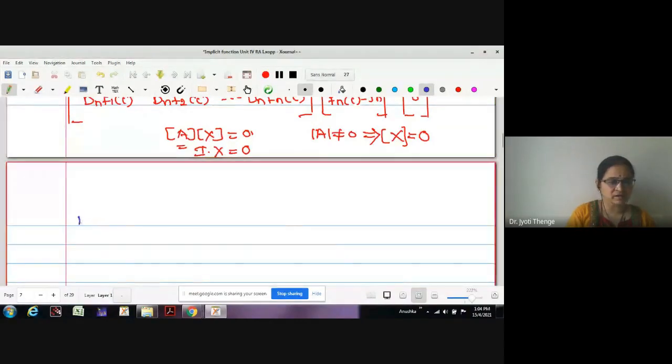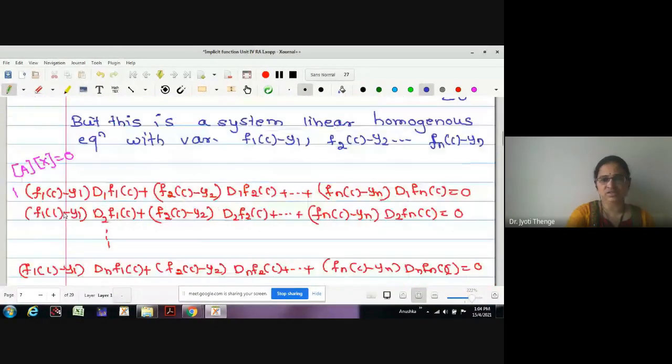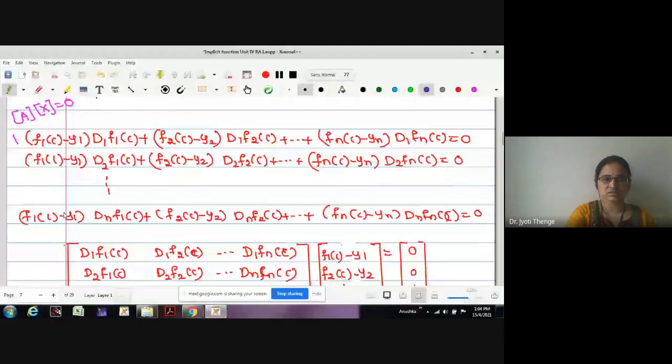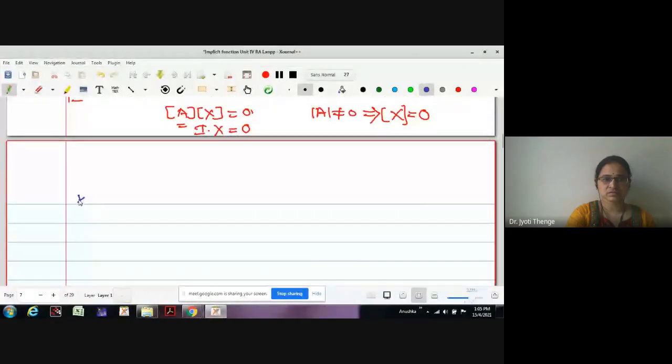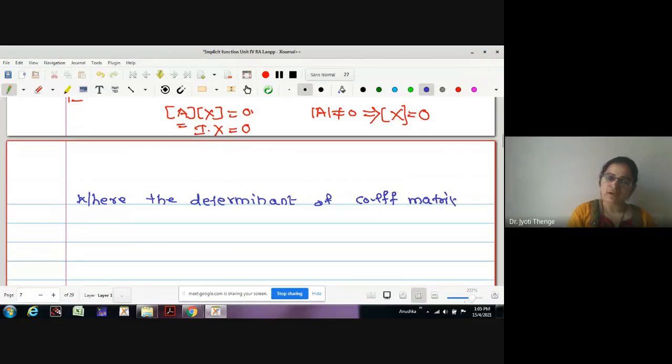Therefore, here I will write: this is the system of linear equations with variables, where the determinant of the coefficient matrix is the Jacobian determinant Jf(x), which is non-zero.